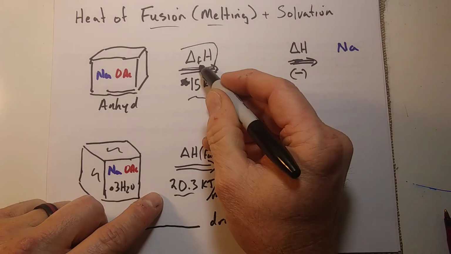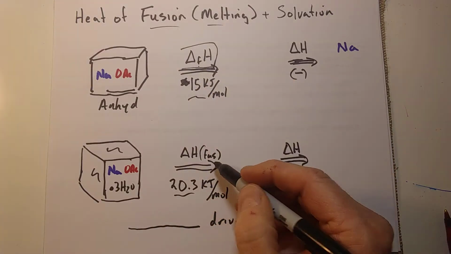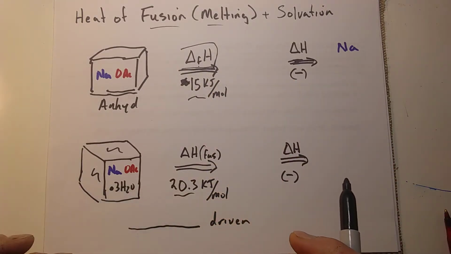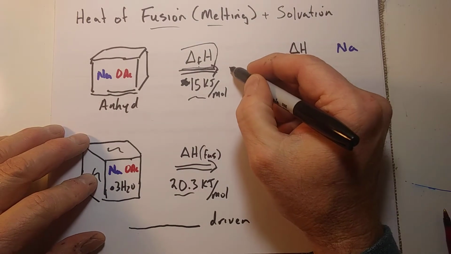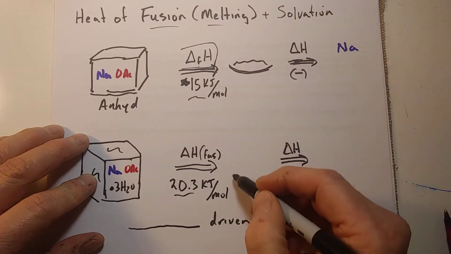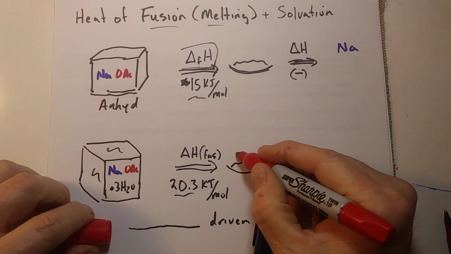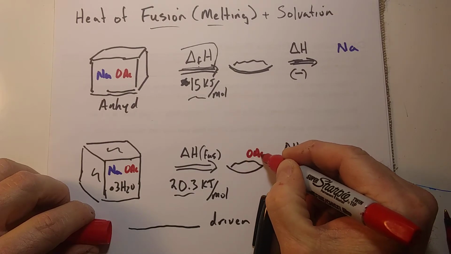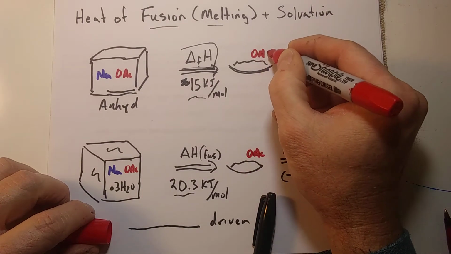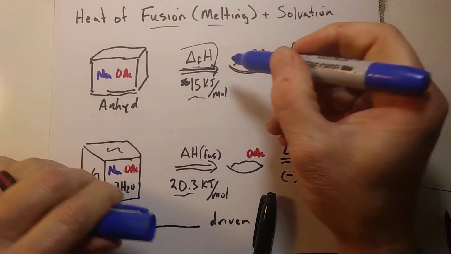So you'll sometimes see it this way as an F, not enthalpy of formation, but enthalpy of fusion, melting the crystal. So you would agree that if we did that and we had some watch glass, it'd be a liquid now. And it would still be OAc. I'll just put it together, OAc. But it would have the liquid form, and this one would have a little bit of water in it.